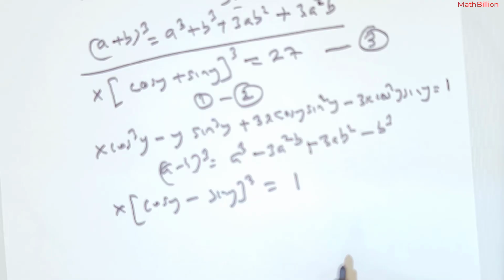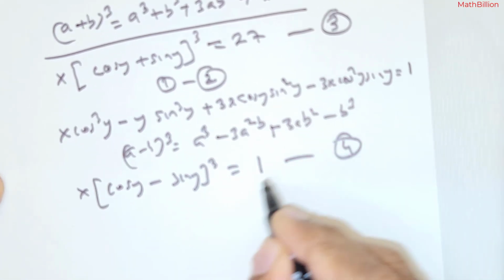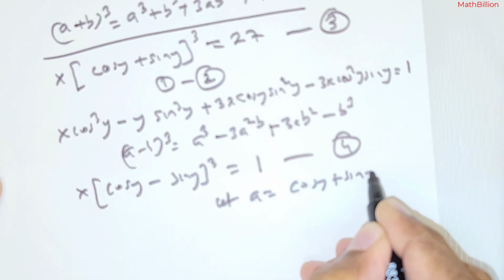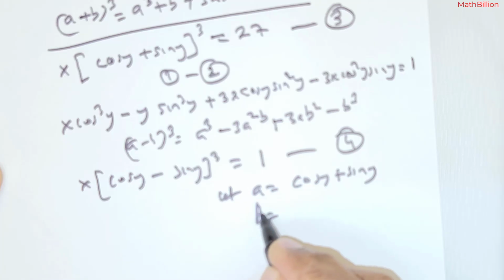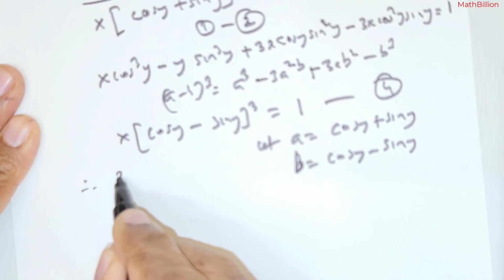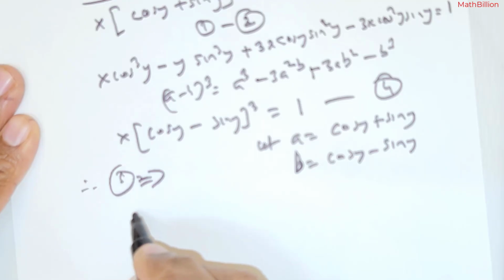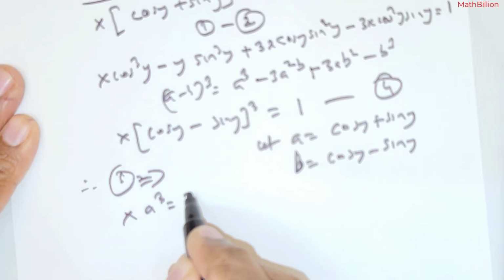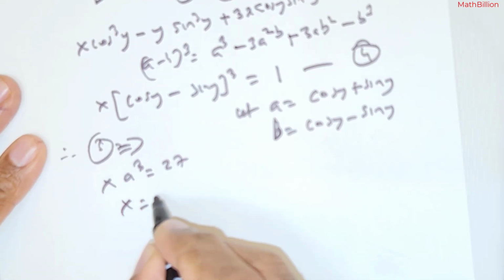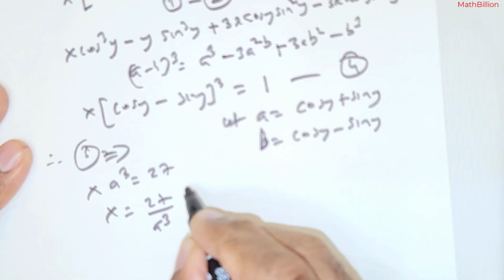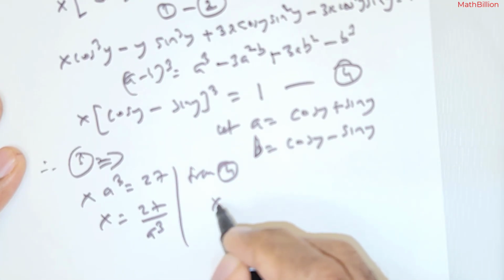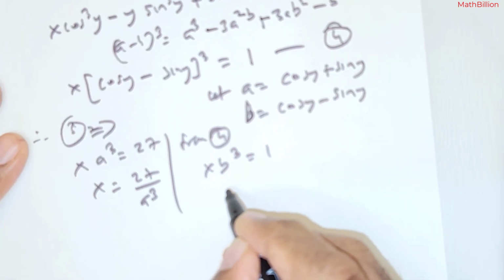Now what I wish to do is I will take a to be cos y plus sin y and b to be cos y minus sin y. So therefore 3 can be rewritten as x times a cubed is equal to 27. So x is equal to 27 over a cubed, and similarly from 4 you have x times b cubed is equal to 1.